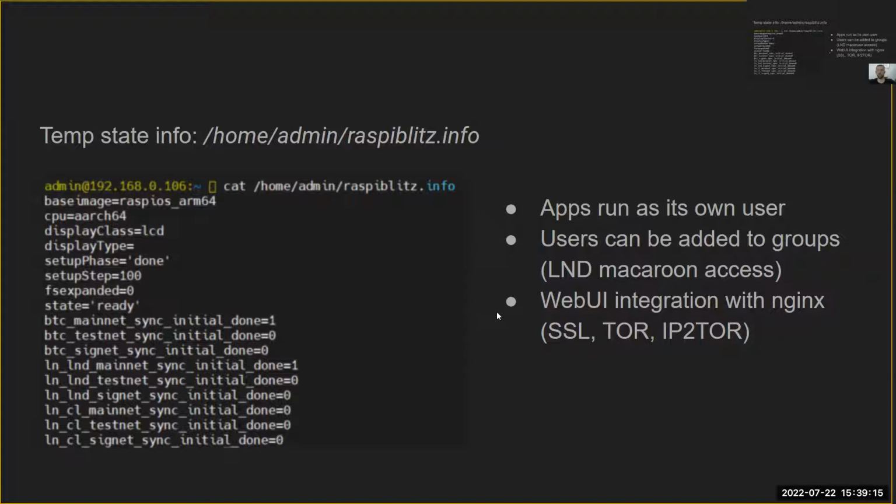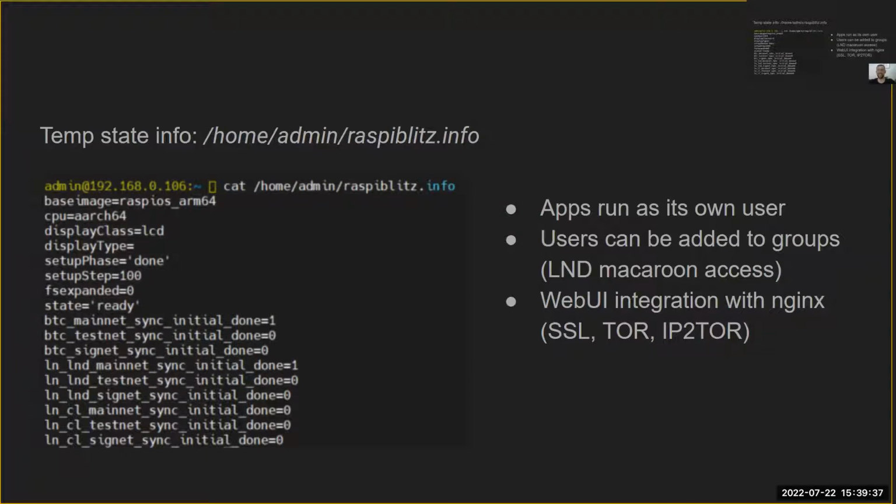Every time you use something like RTL or ThunderHub, you need access to your macaroons and your LND wallet password, and that's password C. Unfortunately, I haven't played much with C Lightning, so sorry for that, but I plan to.